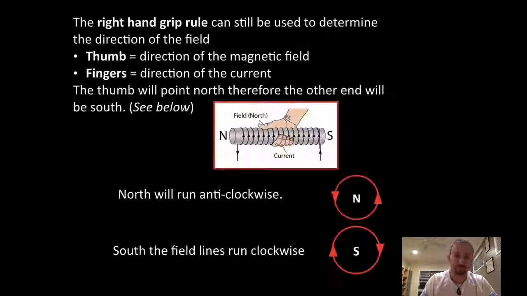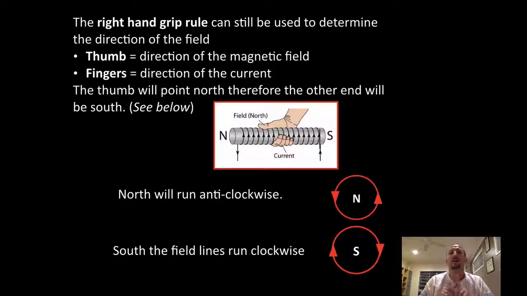Okay, now with respect to a solenoid, the right-hand grip rule can also be useful to us again. In this case, the thumb is going to show you the magnetic field direction, whereas your fingers are going to show you the current direction. Because remember, the solenoid is a coil. So the fingers are going to be our current, and our thumb is basically going to show us our direction of the field.